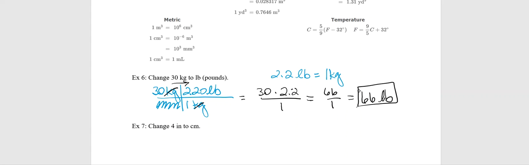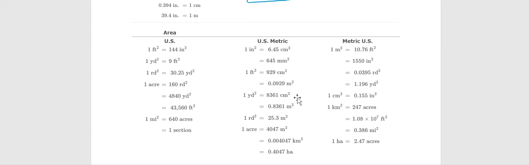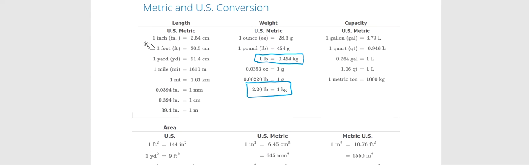So our unit analysis is coming back in this last section. Now we're going to change 4 inches to centimeters. Inches is what we use. Centimeters is what they use in the metric system for doing length. So I need something with inches and centimeters. Inches and centimeters.